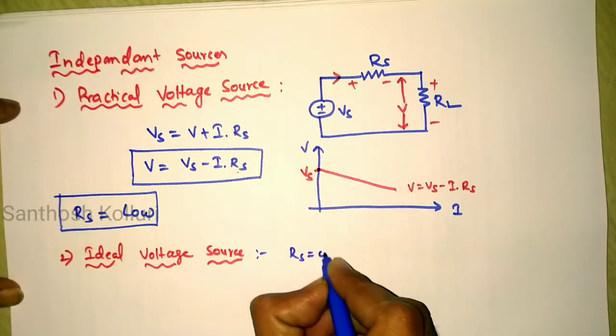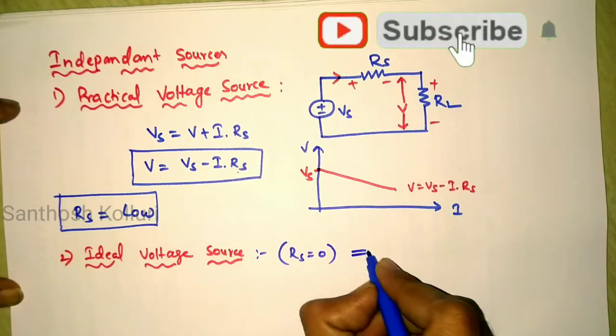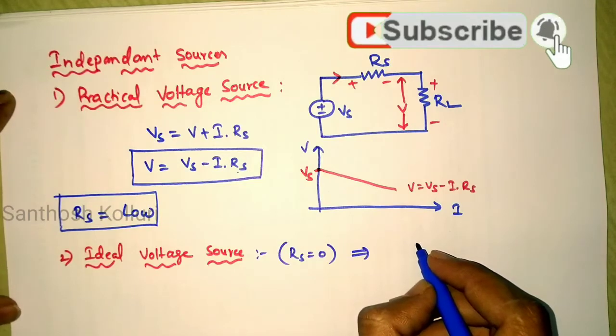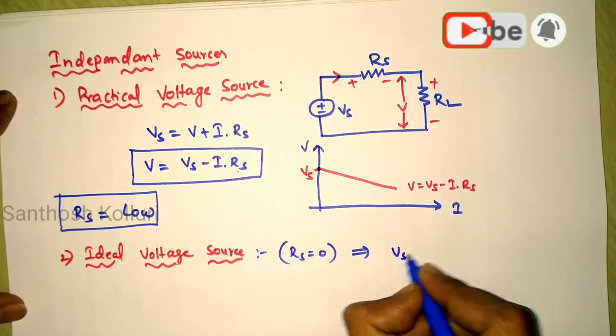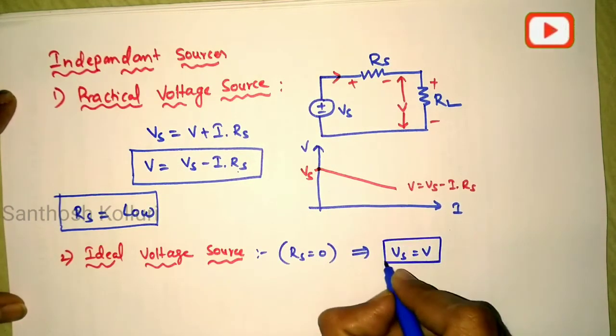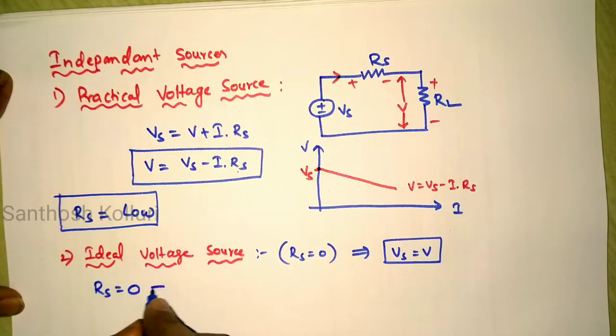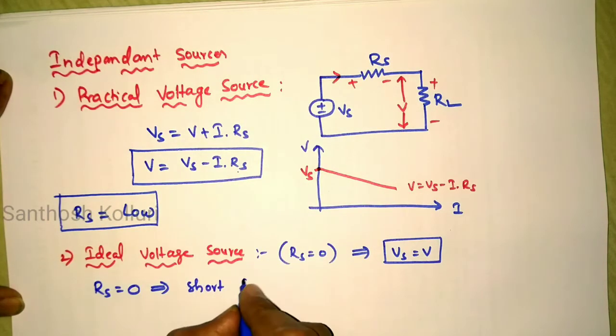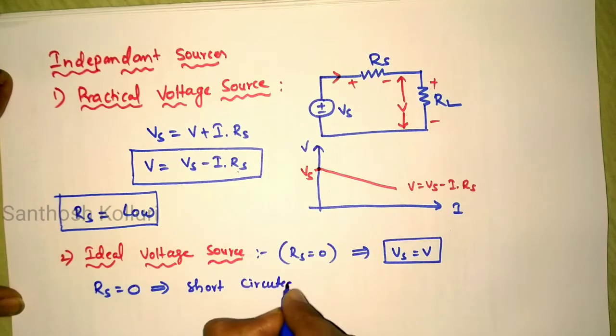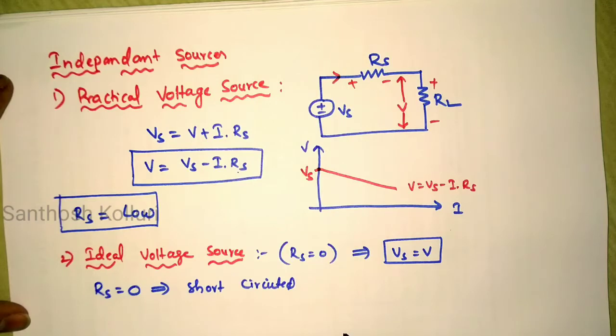Therefore, for the ideal voltage source, Vs is equal to the terminal voltage V. So for an ideal source, the internal resistance of the voltage source will be 0. That means it is short circuited.